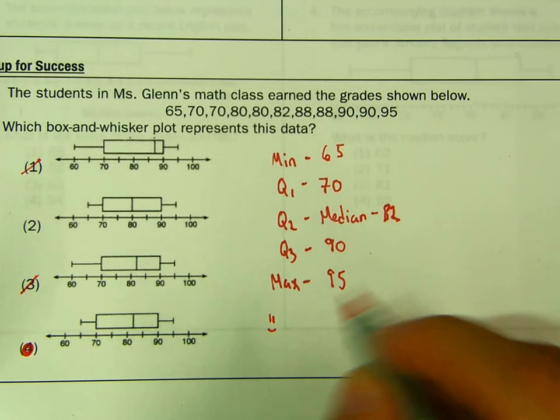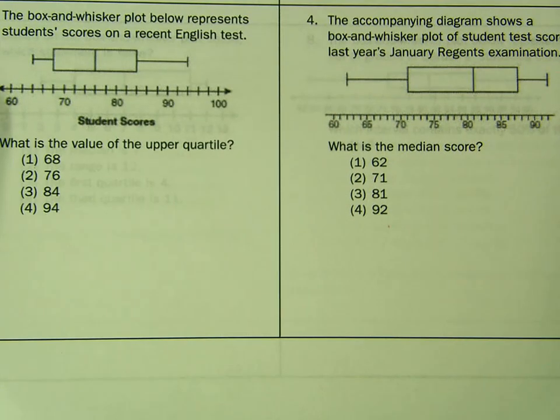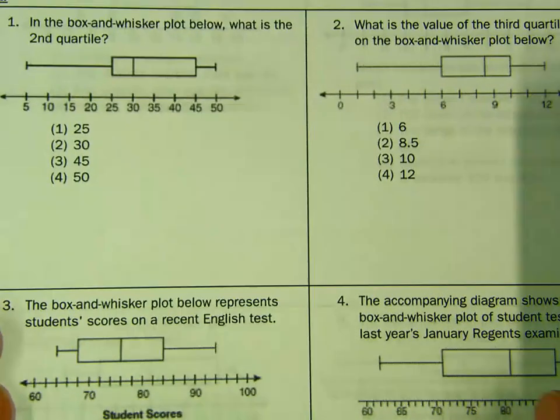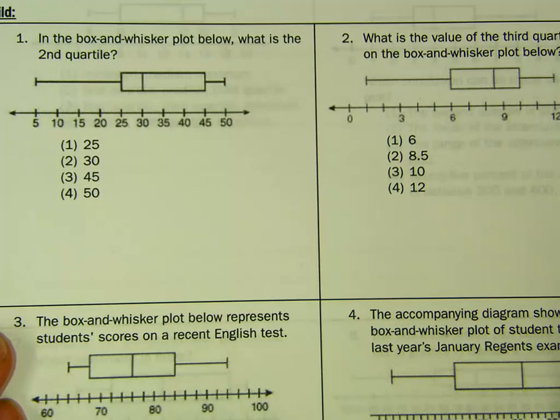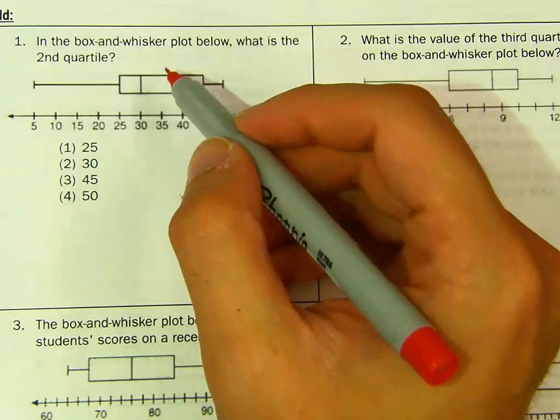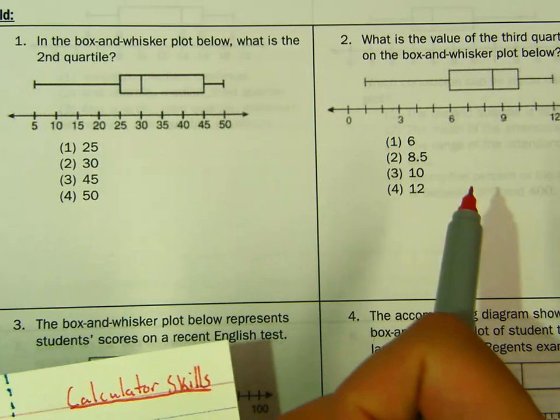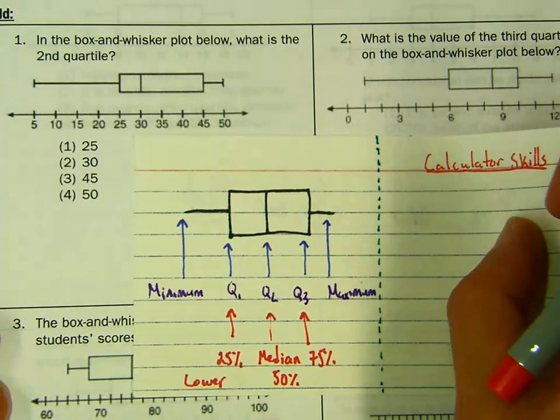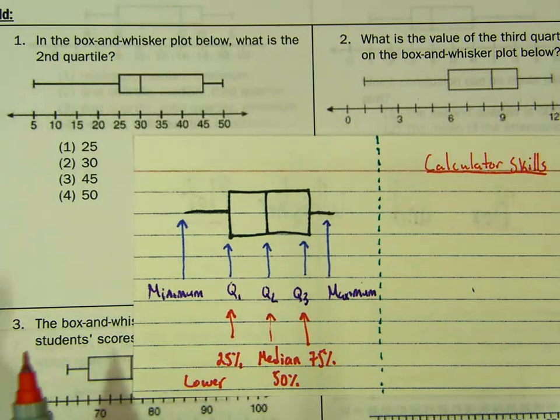Okay, let's try the next page. Should look something like this, right? It says, in the box and whisker plot below, what is the second quartile? So take your time, and have your notes.